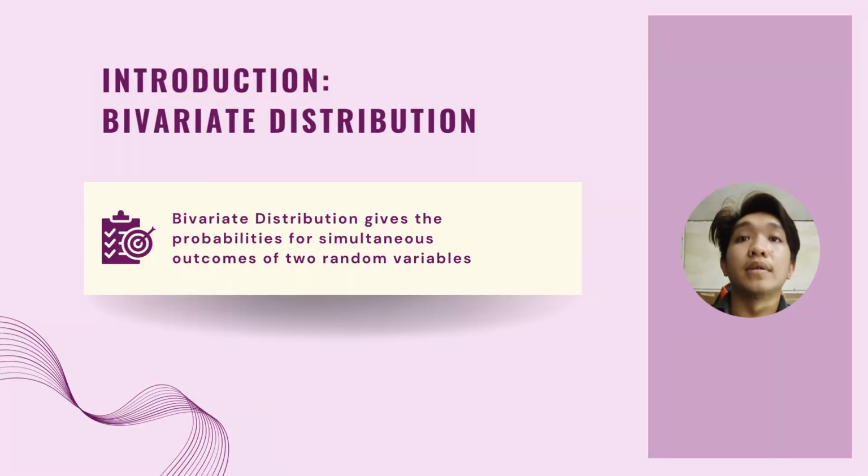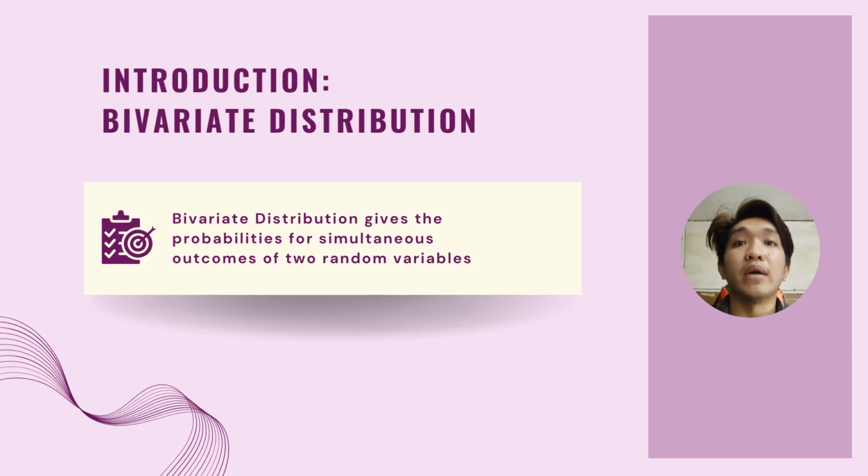Here is the introduction for the bivariate distribution. Bivariate distribution refers to a statistical concept that provides probabilities for the occurrence of simultaneous outcomes involving two random variables. It enables the analysis and understanding of the joint behaviors of these variables, allowing for the examination of the correlation, dependencies, and interactions.